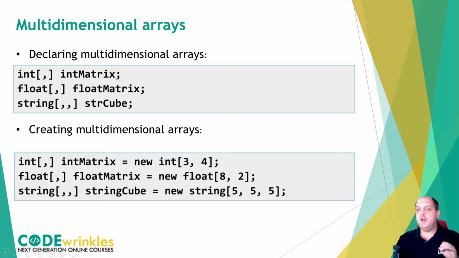Now, there is one important thing that I still want to underline before we go further. A very common type of array that we would probably use is a 2D array where the length of the two arrays is exactly the same. So in this example, for the int matrix, you could have a new int array of 4 and 4.